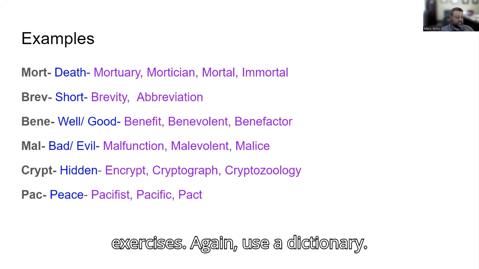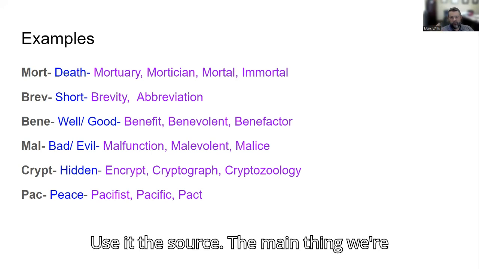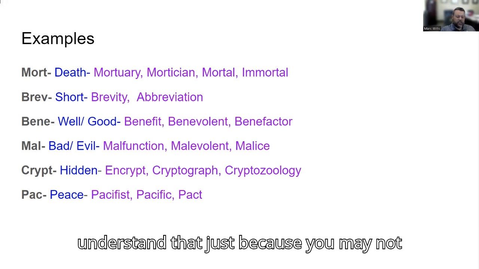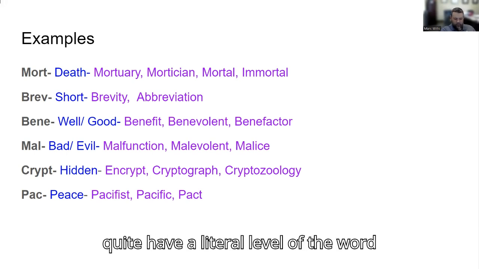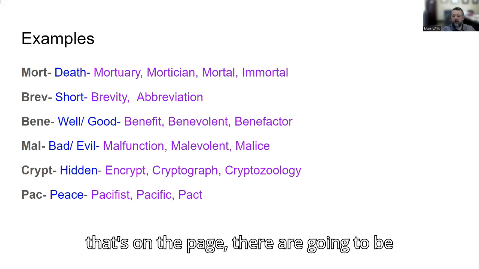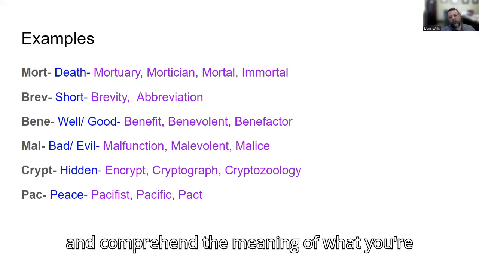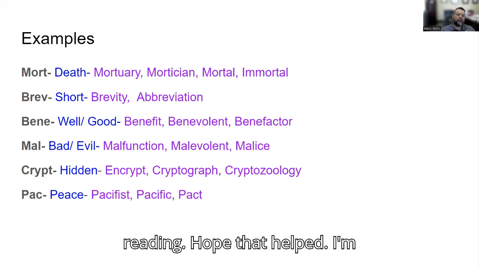You've got some exercises. Again, use a dictionary, use a thesaurus. The main thing we're trying to do is expand our vocabulary and understand that just because you may not quite have a literal level of the word that's on the page, there are going to be hints that help you determine and comprehend the meaning of what you're reading.